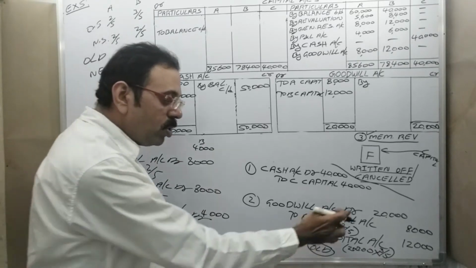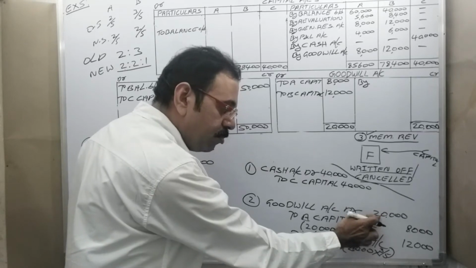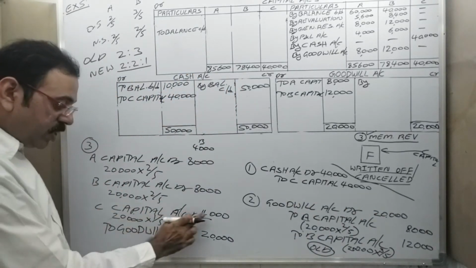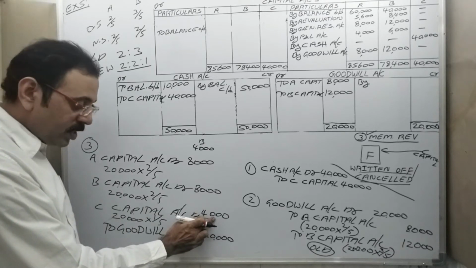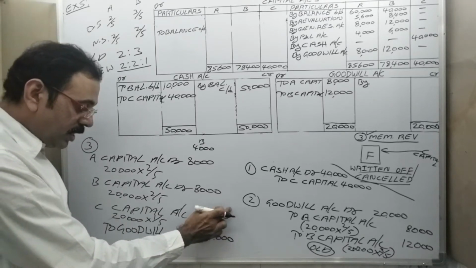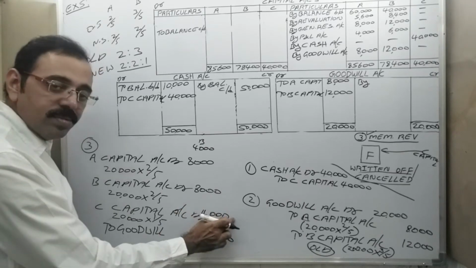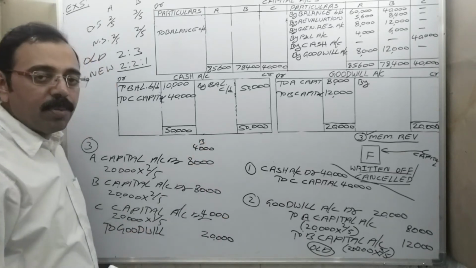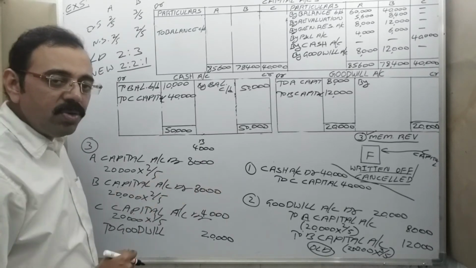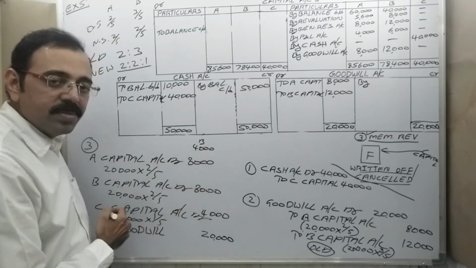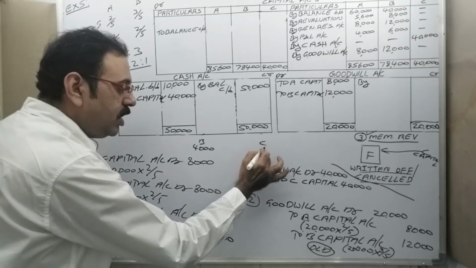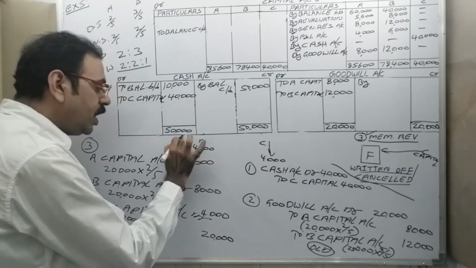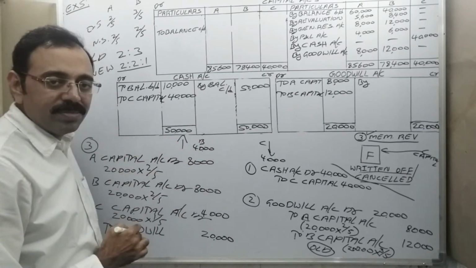And total goodwill is 20,000, but C's capital is debited with 4,000 rupees. This 4,000 is what? C's share of goodwill. From C's capital account we are reducing that amount, and to whom we gave that amount? To B. Means from C we reduced 4,000. In B capital account we added that 4,000.